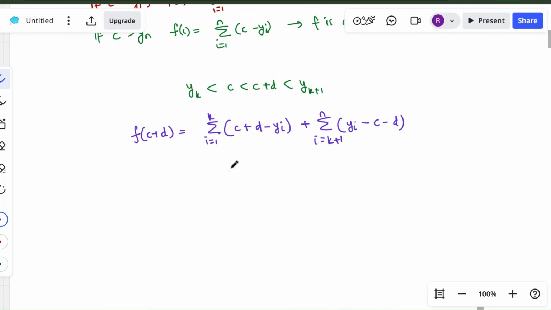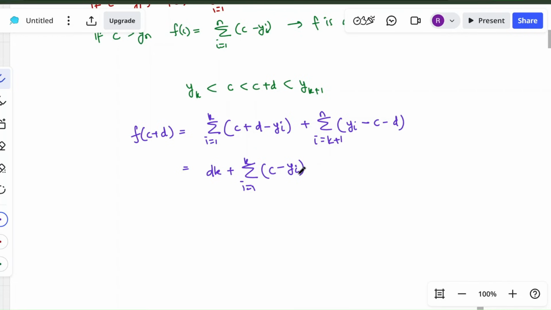Now observe carefully. There will be k d's here, so I can write dk here. I can also write the summation of i running from 1 to k of c minus yi.